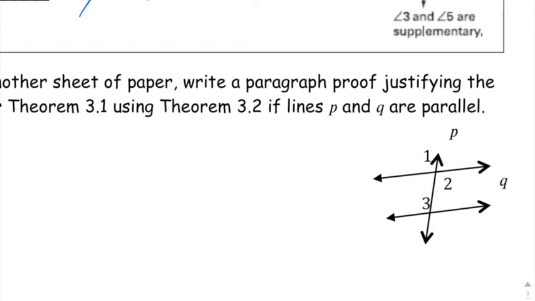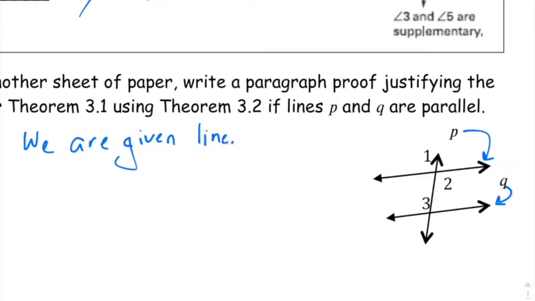Okay, so if we're going to do a paragraph proof, we can say we are given that the lines, I guess, are supposed to be P and Q because they're a little bit off there. So we're given that lines P and Q are parallel.